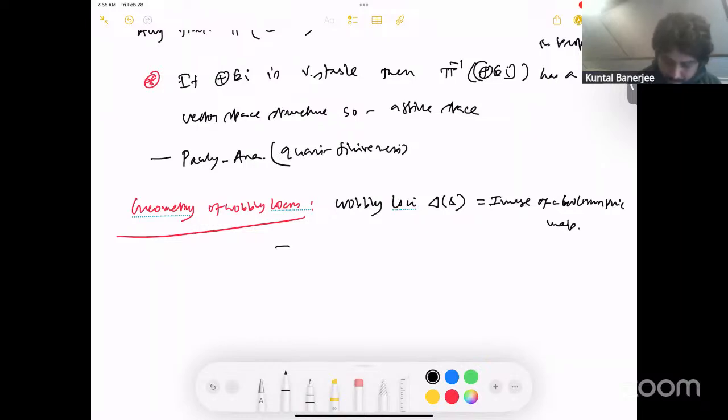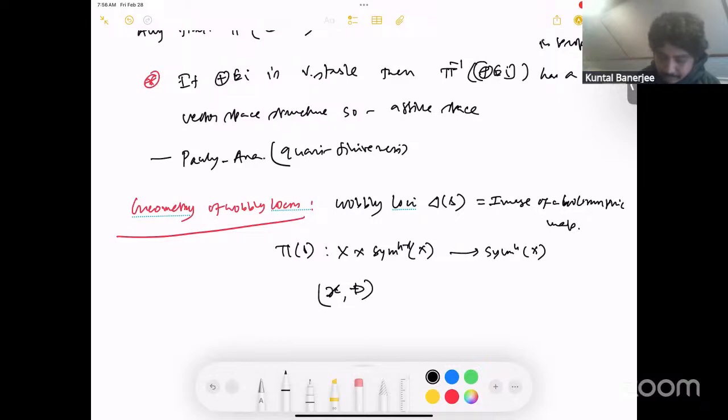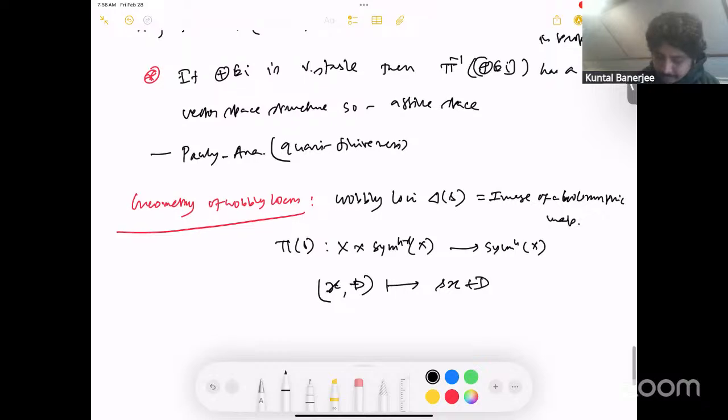The morphism is given by the diagonal morphism, which takes a point x from the elliptic curve and a divisor d from the symmetric power of order h minus s, and maps to sx plus d.